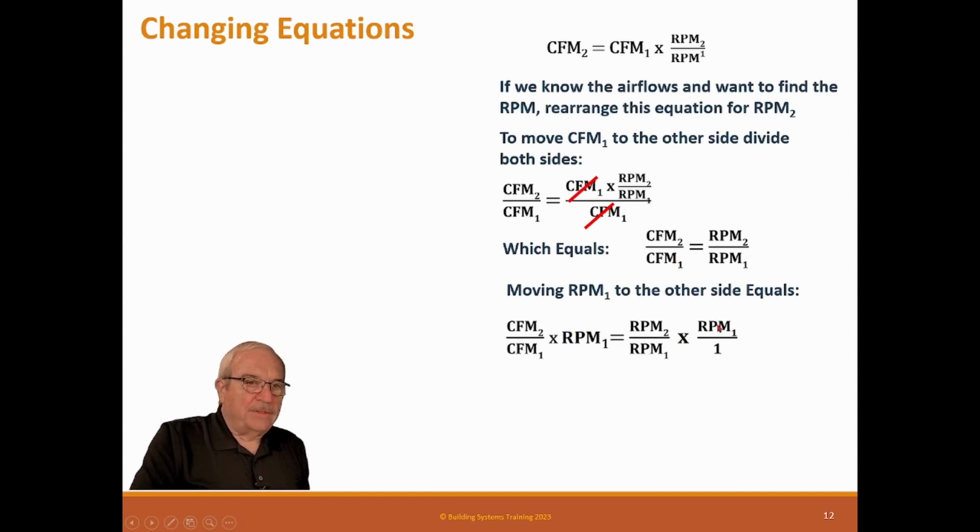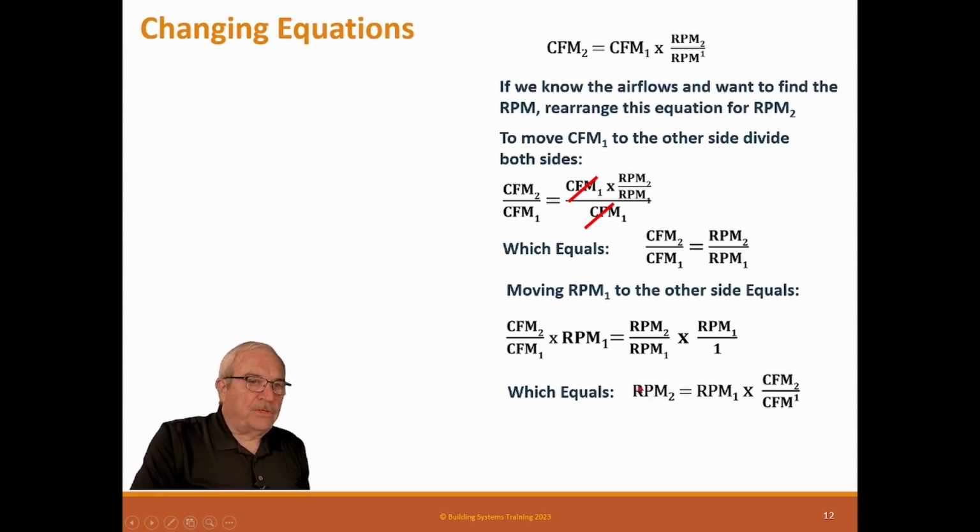Now these RPM1s cancel each other out, which gives RPM2 equals RPM1 times CFM2 over CFM1. And there's the one we were trying to find out, RPM2. So that's how you rearrange these equations.